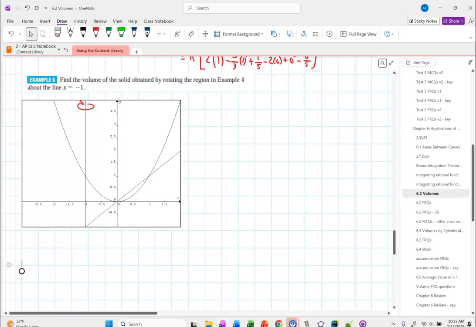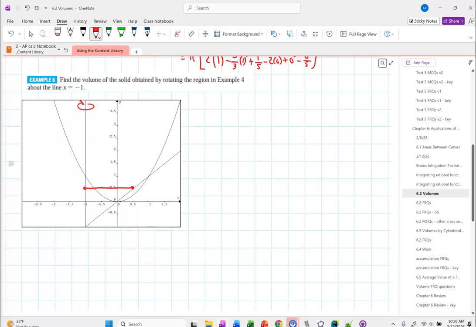So what I'm going to do now is, since it's got a hole through the middle, it's a washer problem. I'm going to draw my R inner. That's going to go from my axis of rotation to the inside function. Everybody agree with that?